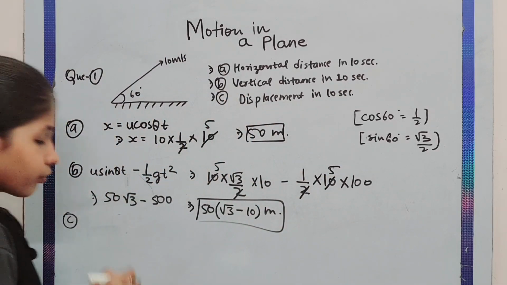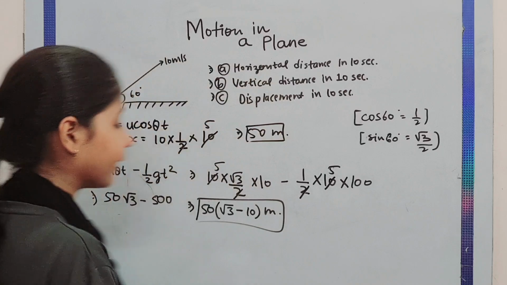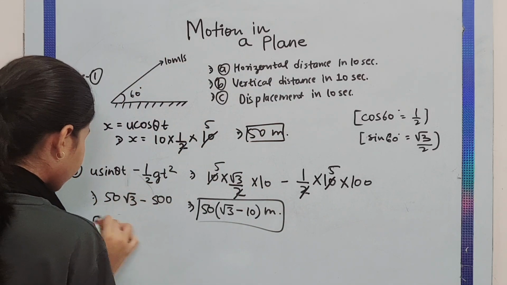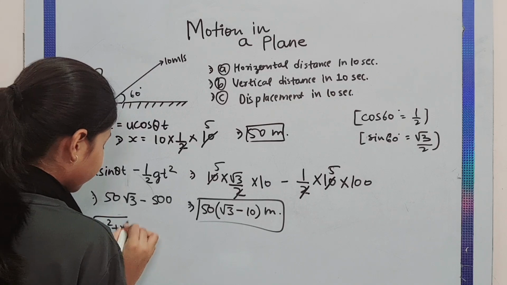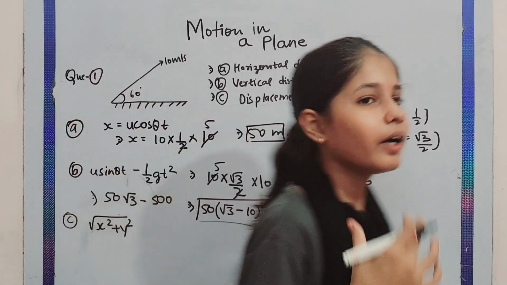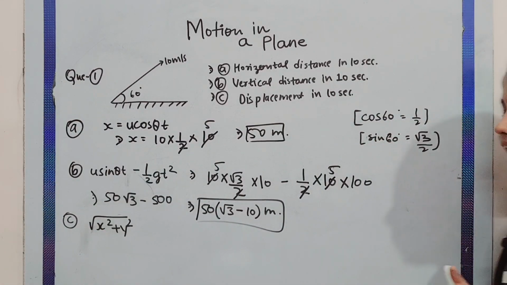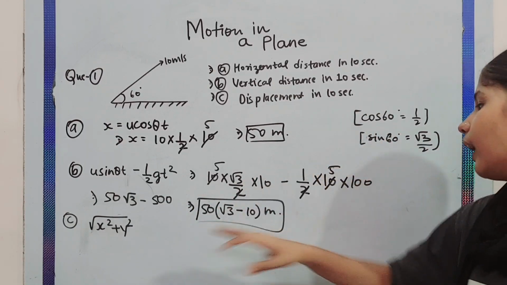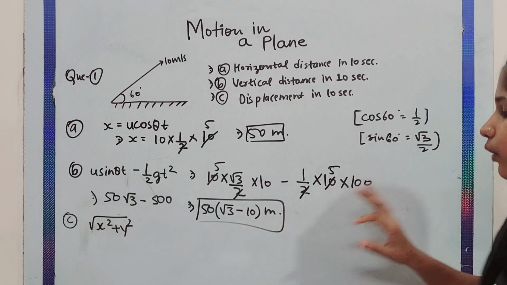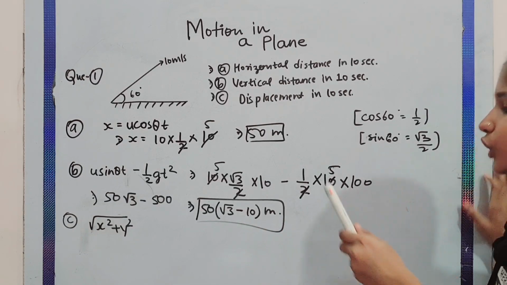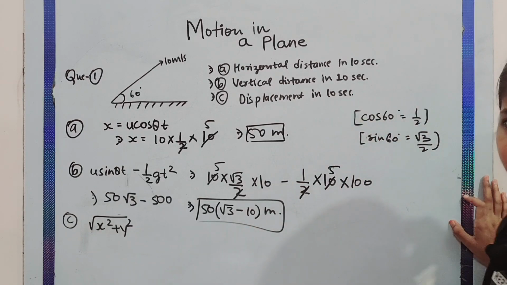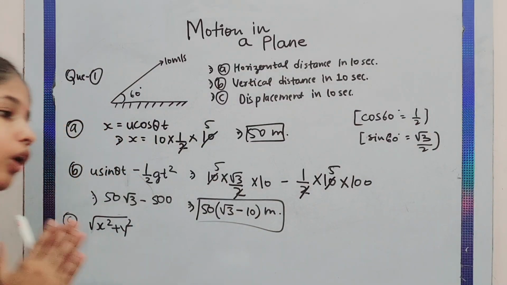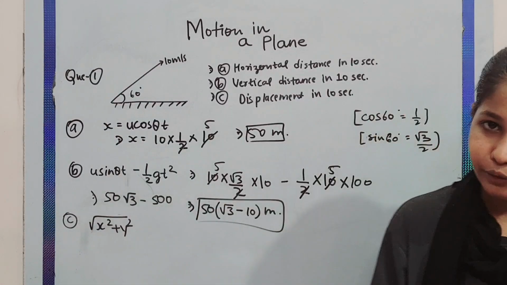For finding the displacement, we can simply use our previous concept. So now you just have to put the values of 50 and 50 under root 3 minus 10 and find out the answer. This will be our displacement, and as it is very easy, it is for all of you, like homework.